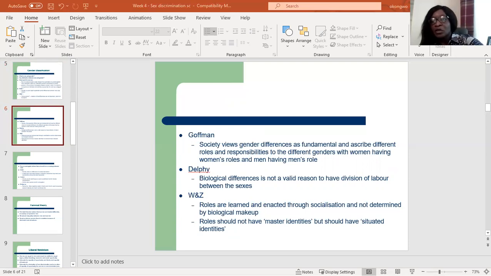All right, so to continue to maintain this, the society continues to view gender differences as fundamental and ascribe different roles and responsibilities to the different genders, with women having women's roles and men having men's roles. Okay, so this is what Goffman had to say. And then Delphi said that the biological differences are not a valid reason to have a division of labor between the sexes.